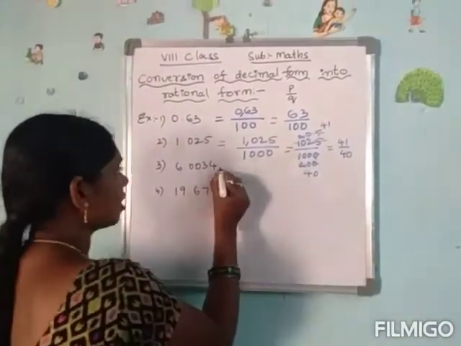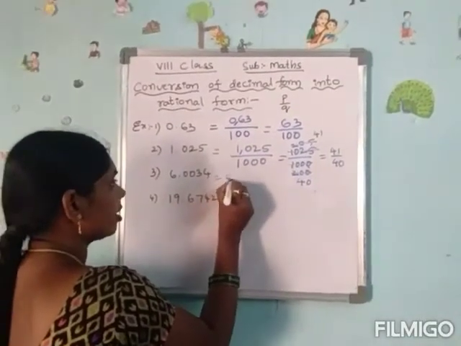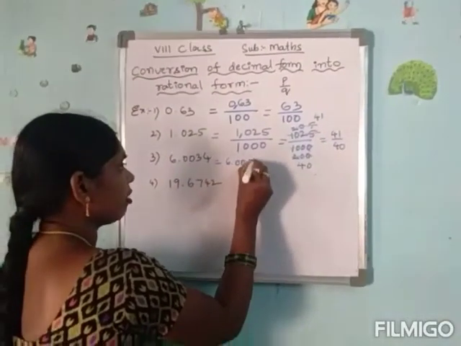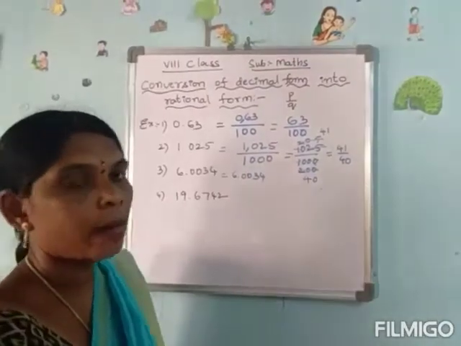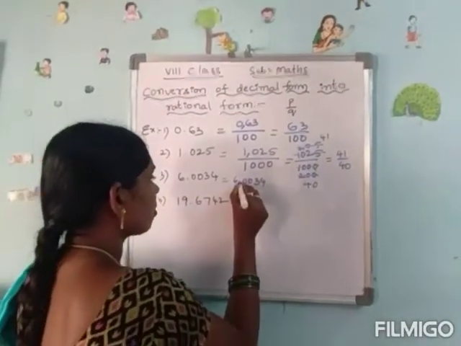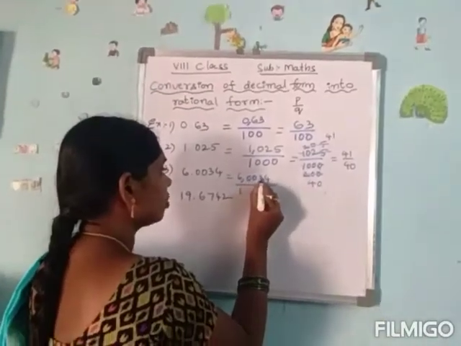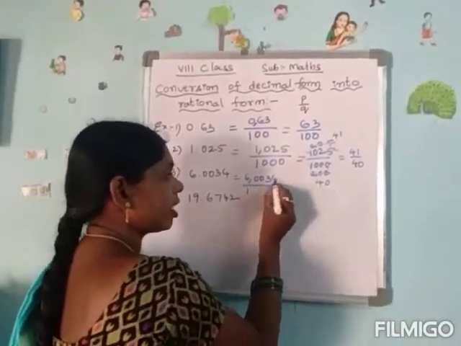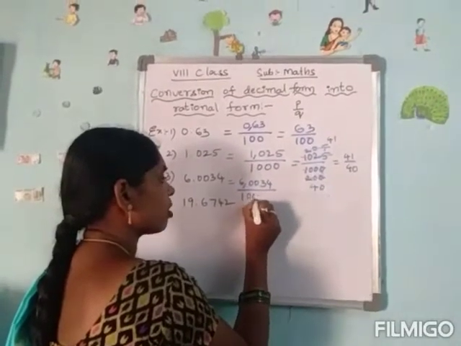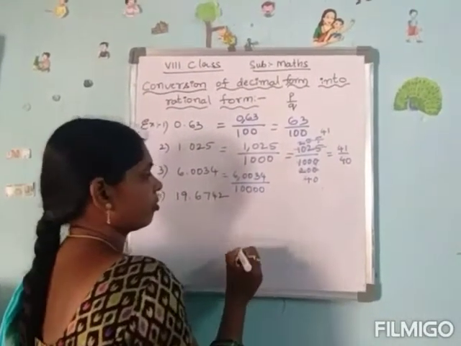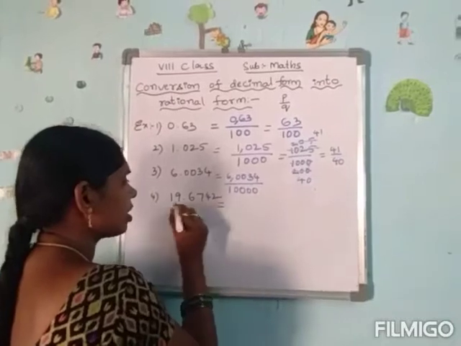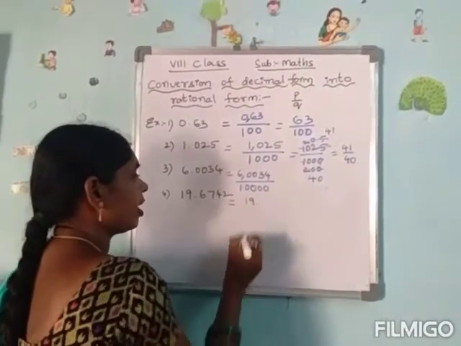Next we have to go to the next one, 6.0034. We have to remove the point and write 1 followed by zeros: 1, 2, 3, 4, 4 digits are there in the decimal part. So 4 zeros. The last one is 19.6742.